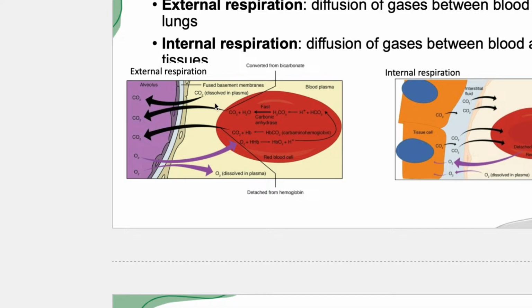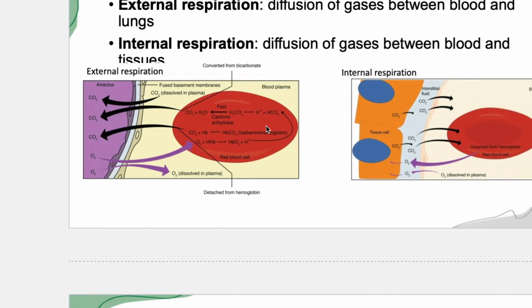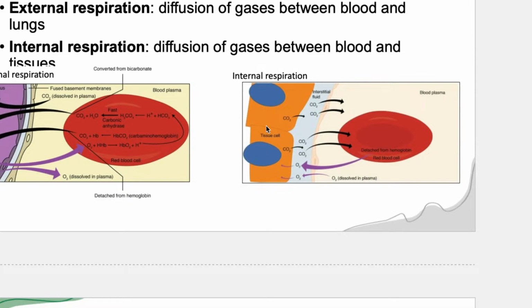And we can see also that there's only a little bit of CO2 being released from the plasma, but most of it is from the hemoglobin. So again, note that the hemoglobin is what's going to be carrying most of the oxygen and carbon dioxide, and the plasma is not doing so much, but it is capable of carrying both.